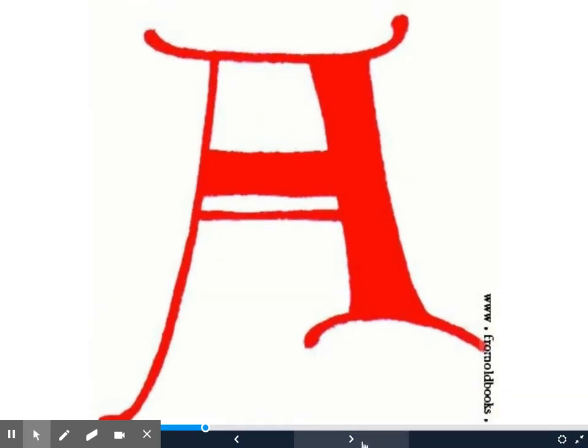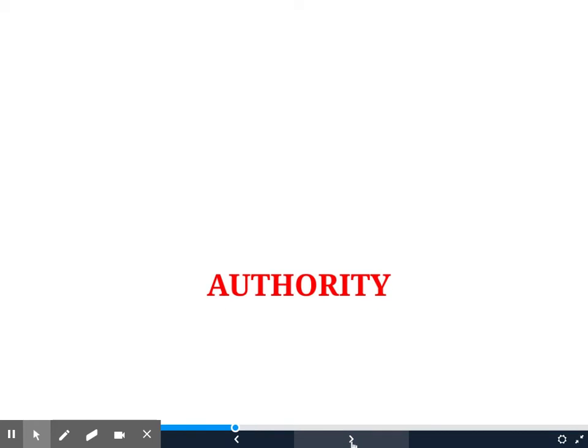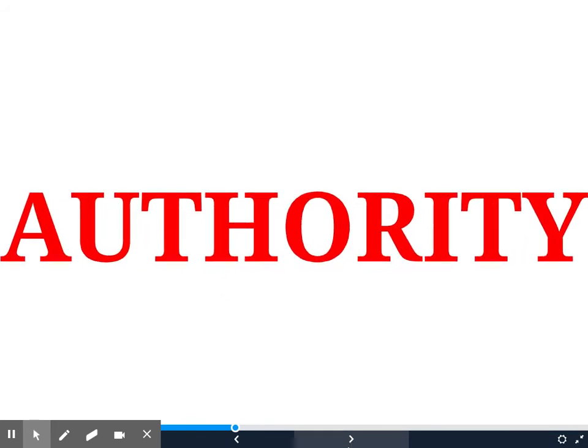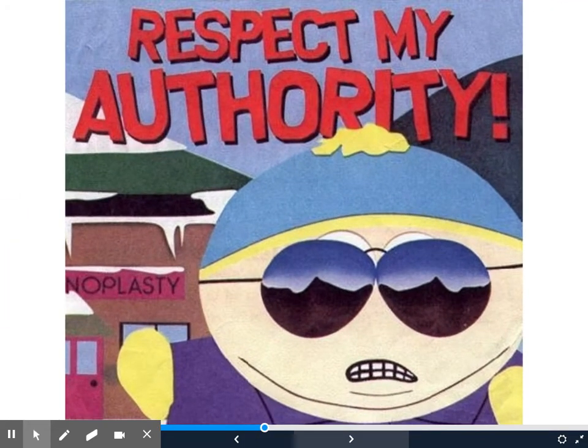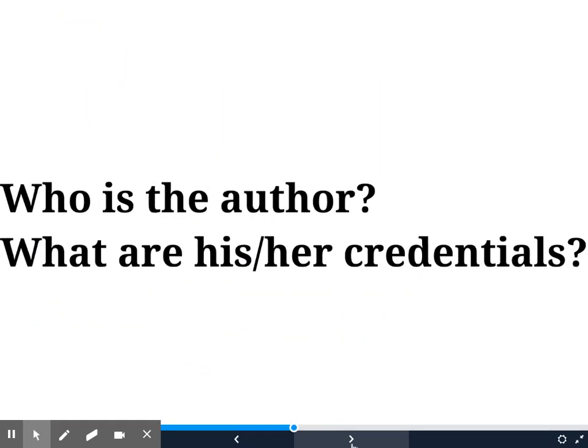Now we're going to move on to A. A stands for authority. So we've had currency, we've had reliability, now we have authority. Sometimes you are going to have websites that look like the person who has posted it knows what they're talking about, but they really don't. So you want to know who the author is and what his or her credentials are.